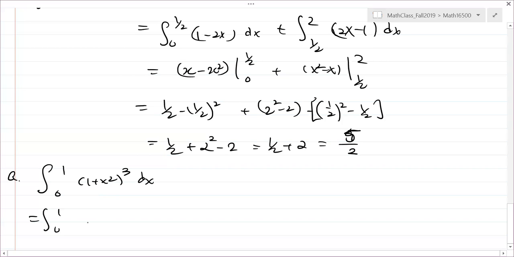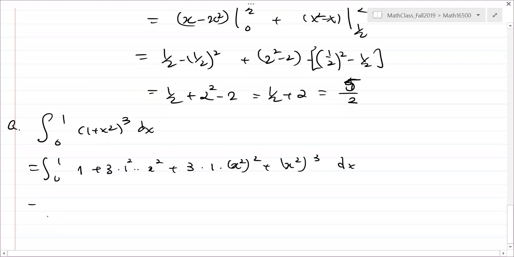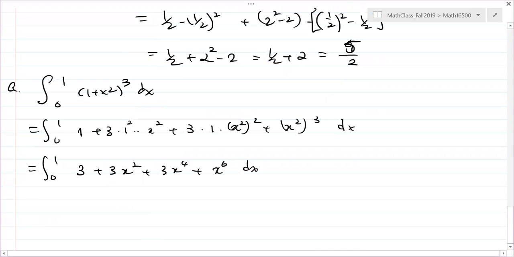So it's going to be 1 plus 3 times 1 times x squared, plus 3 x to the fourth, plus x squared cubed.